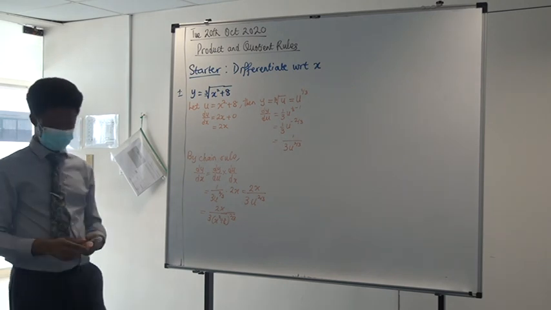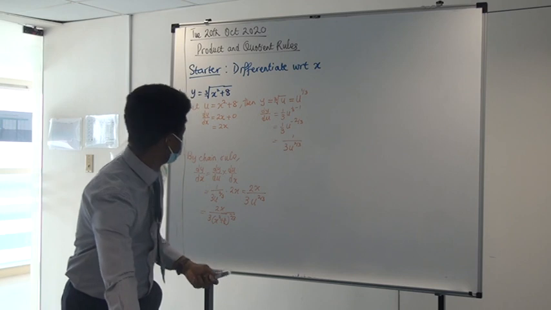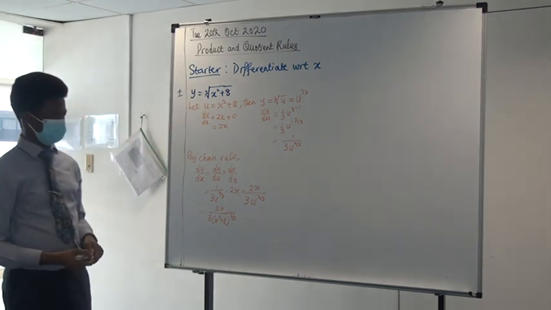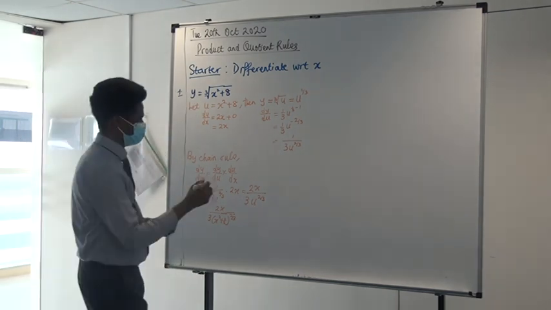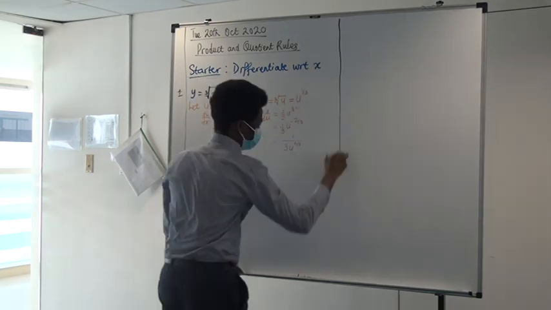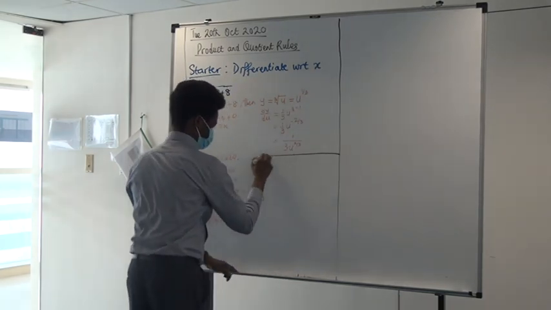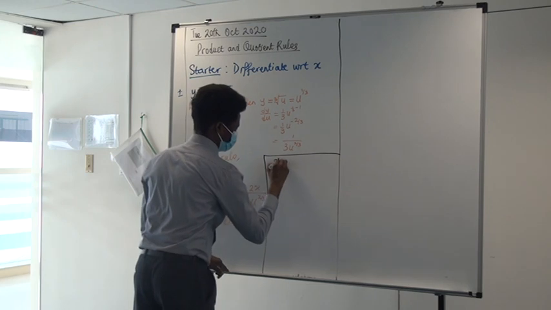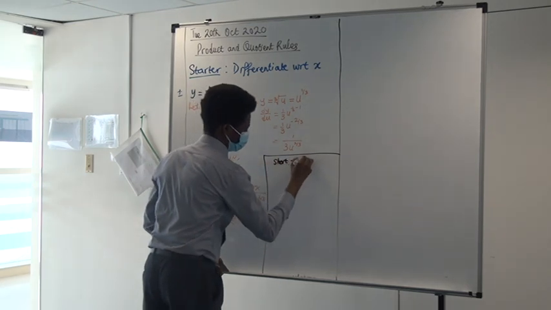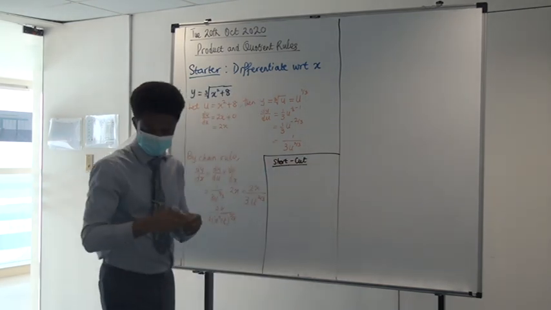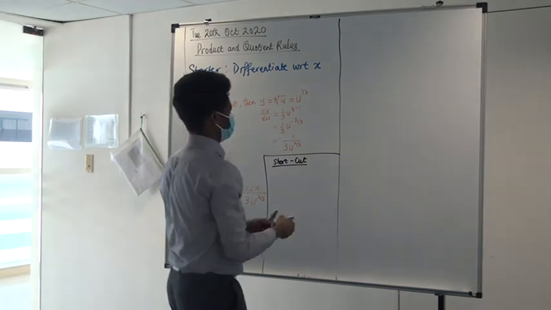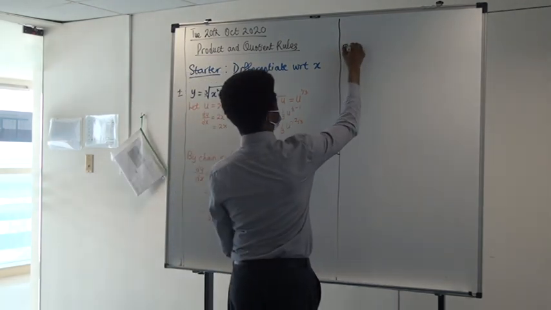Now, the shortcut. You don't have to go through all this to get it done. The shortcut is a very brief process. Or maybe we do the other one, then we do the shortcut together. The second one, give me the function again.